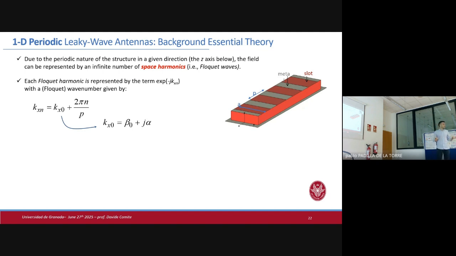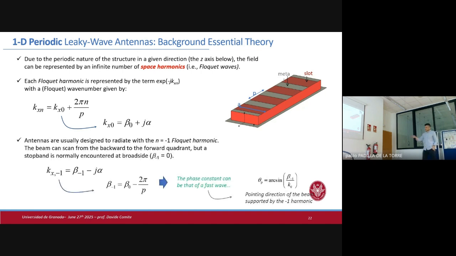That's always the same story: we need to use vectors. In the end, you have space harmonics, and each space harmonic has a propagation constant. They will have different phase constants, but all of them will have the same attenuation constant. The attenuation constant can account for losses if you have losses in your materials, or for the fact that the radiation can leak out. That's why we call them Leaky-Wave antennas.